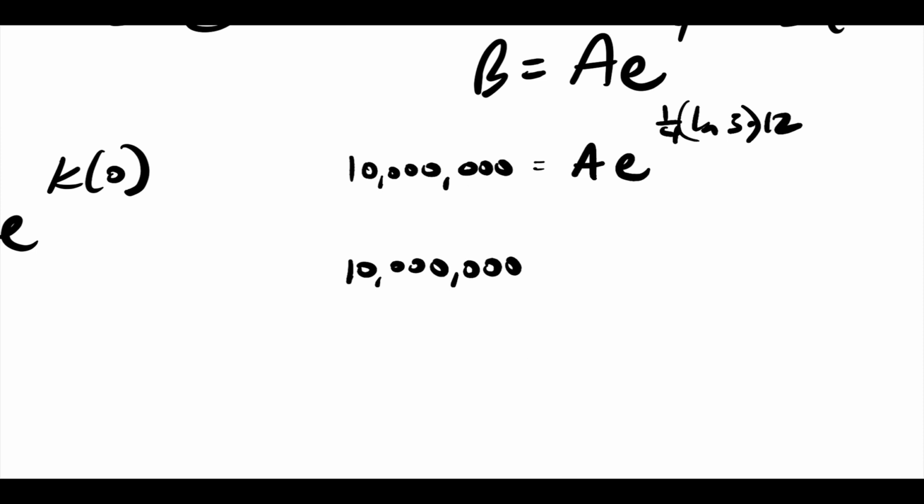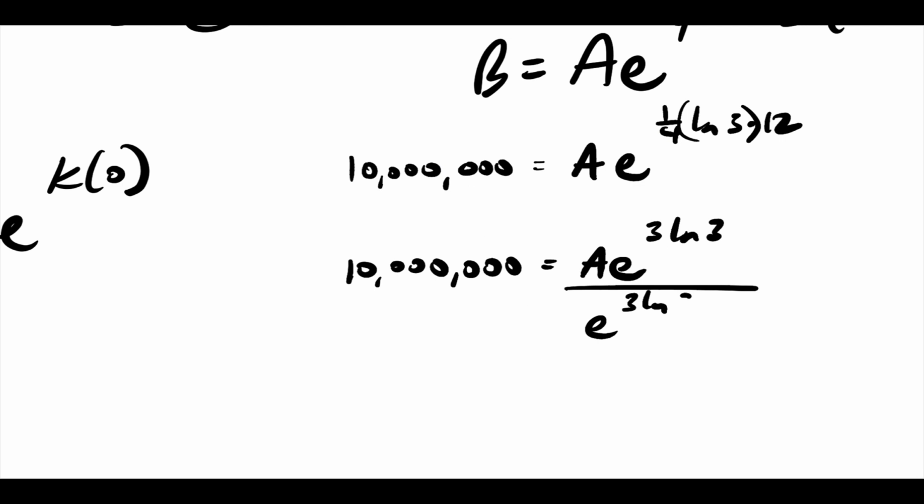So you get 10 million equals A, e to the 12K. When I multiply that, it's actually going to be 3 natural log of 3.